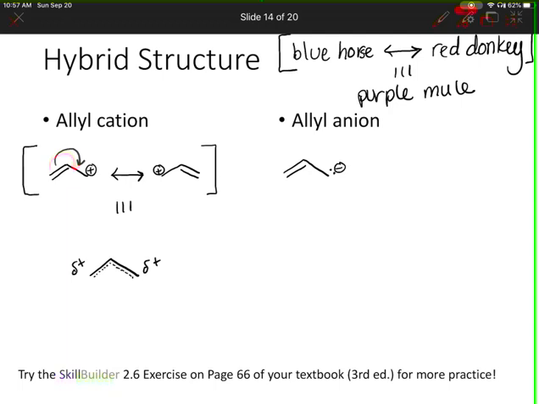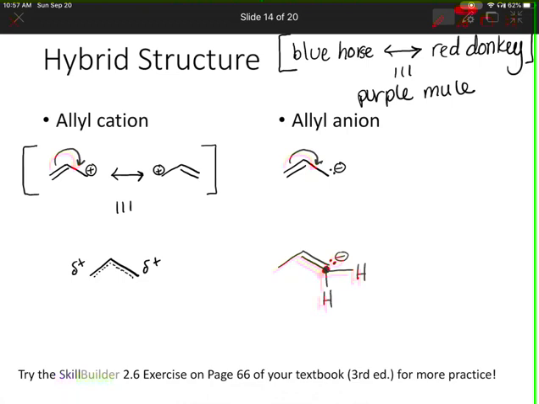So what if we move these pi electrons over like we did with the cation? That would give us something that looks like this. But remember that carbon on the right also has two hydrogens bonded to it.